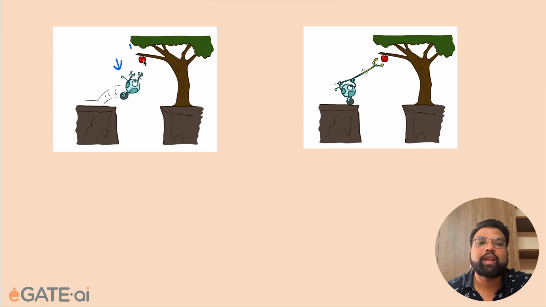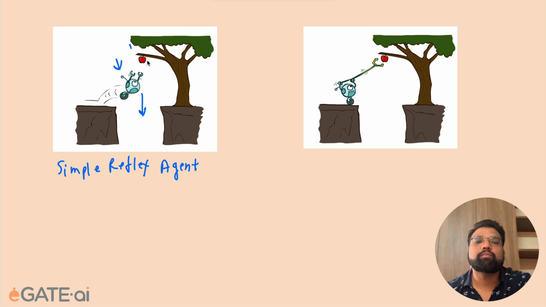But what will happen after it jumps? It will fall into this, right? This is a nice example of a simple reflex agent, because you are not thinking, you are only looking at the current percept, which is that the apple is there, and you don't have an idea of what will happen if you take this action.